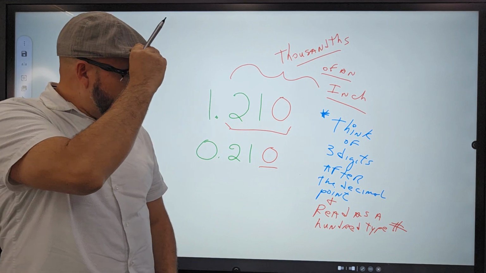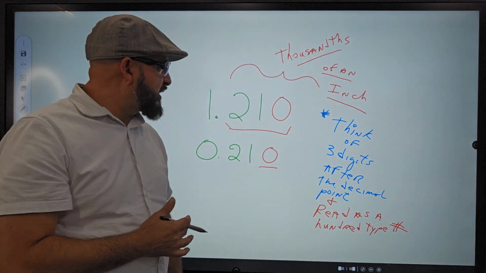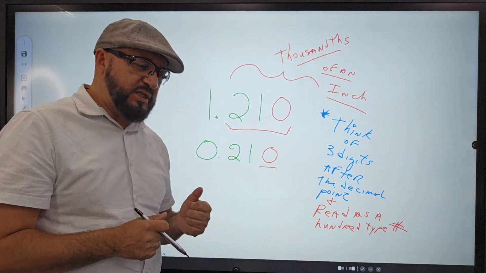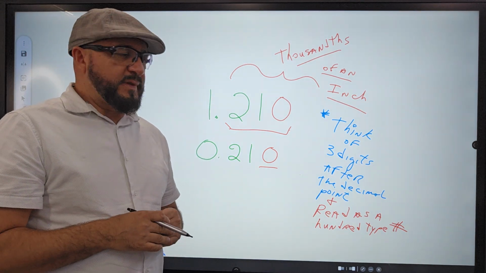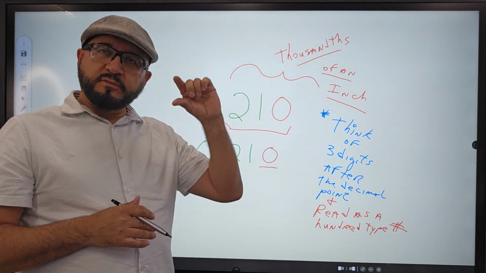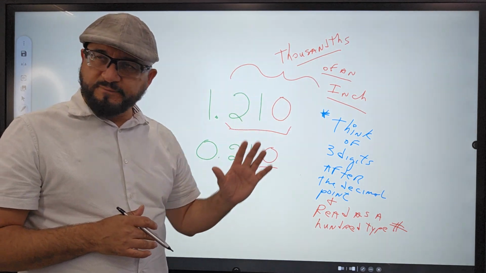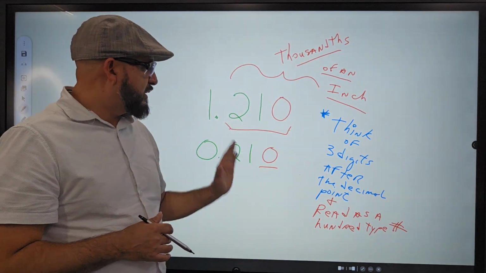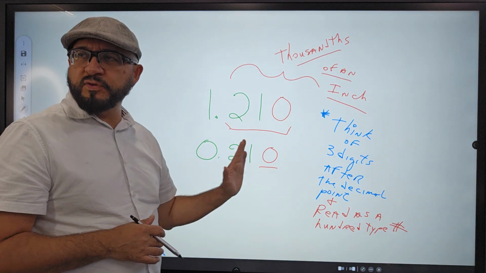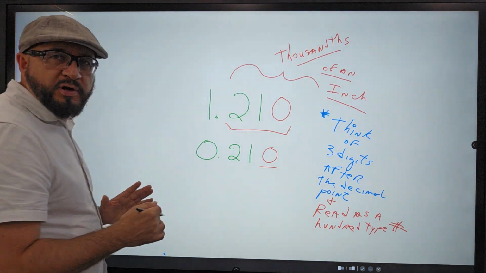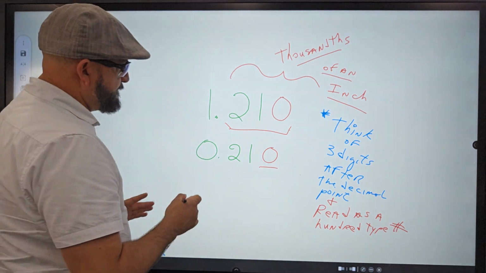This is how the numbers are read, because as you work with different machines, like the milling machine, if you're doing machining, the readouts have 4 digits or 3 digits, and you're thinking in thousandths of an inch increments as you're working through things. Okay? Now let's go through a couple more numbers to see if you got it.